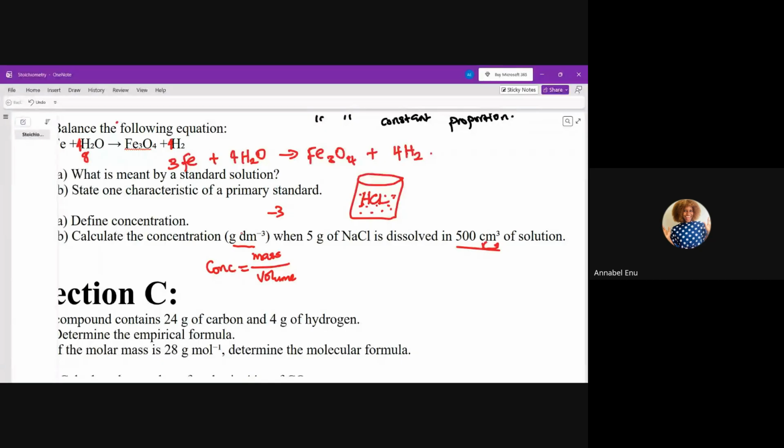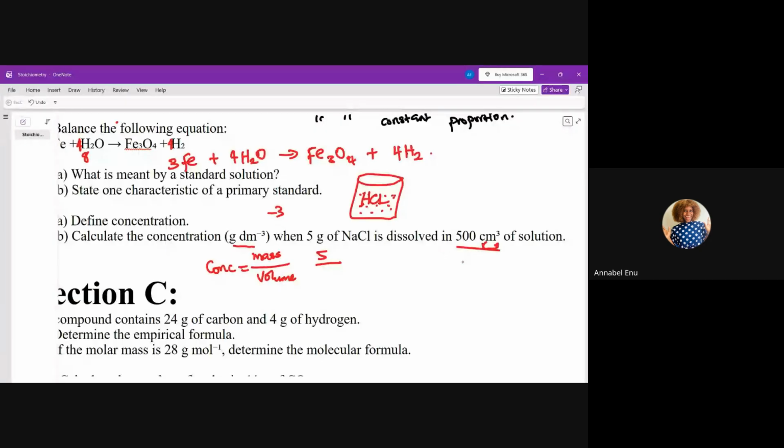So our mass is already in gram, so it's going to be 5 divided by volume. Before we use this 500 centimeters cube volume, we should convert it into dm cube. So we should always be looking at our units whenever we are solving mass volume relationships, anything concerning stoichiometry.